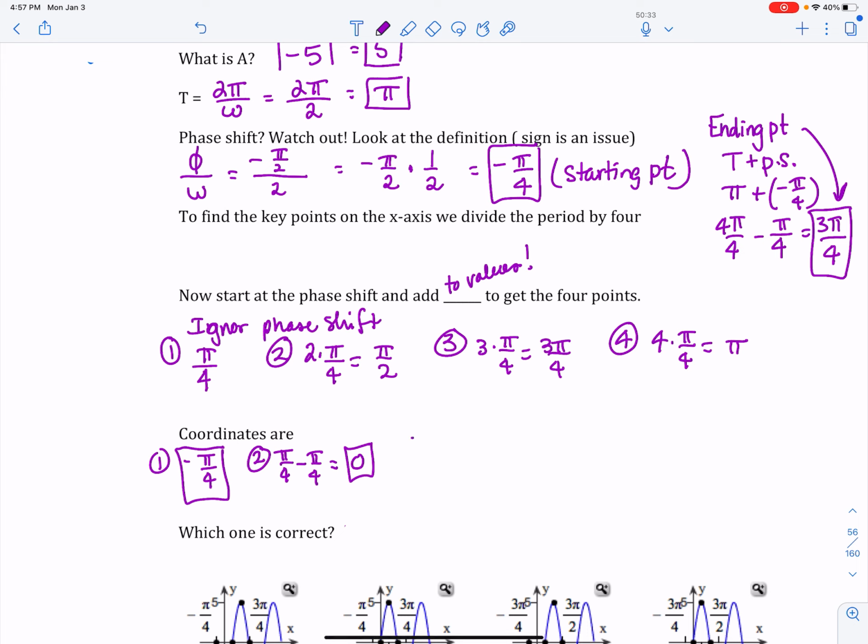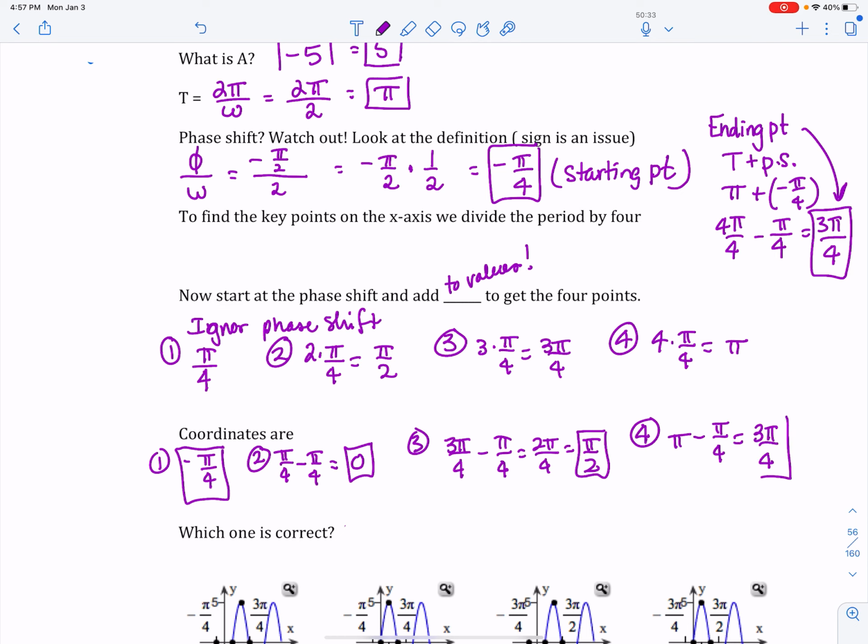And now we're going to take that third point, which was 3 pi over 4, and subtract out pi over 4. And when we do that, we get 2 pi over 4, or just pi over 2. And then our fourth point was pi. So pi minus pi over 4 will give me 3 pi over 4, and that's where we should end. Okay, so these are the new values.